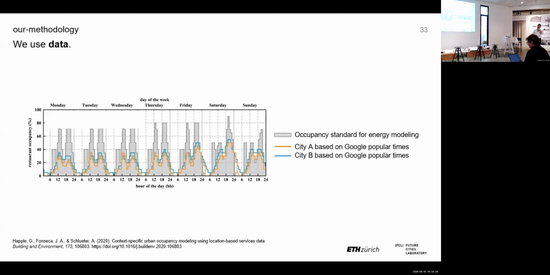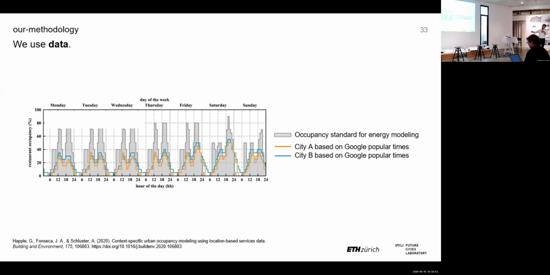How can we update the curve? We came up with this Google Maps method. If you check Google Maps, many times you see the popular times, and that can be used as a proxy for how energy is being used. Here is an example of a city based on Google popular times.